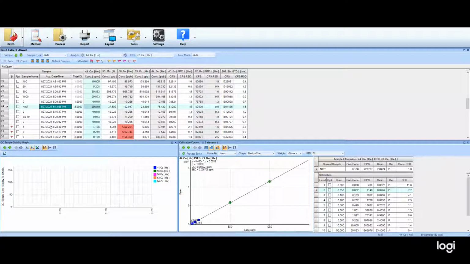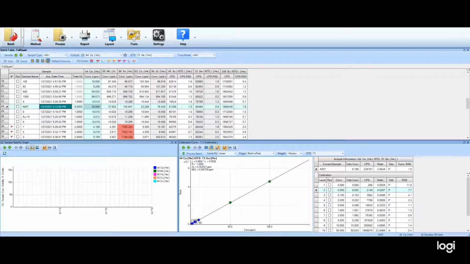So we can see here it just has the sample name, the acquisition date, the total dilution, and then just the concentrations for the sample. Remember, we determine our own coefficient of variance. We do not use the relative standard deviation. From those 3 measurements, we have our own coefficient of variance that we calculate, and then it also has the internal standards.